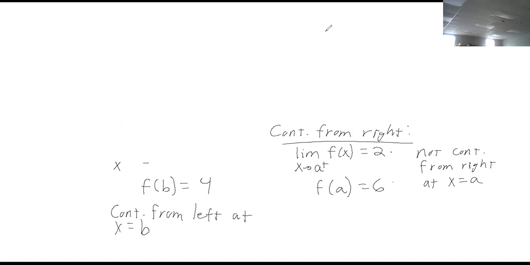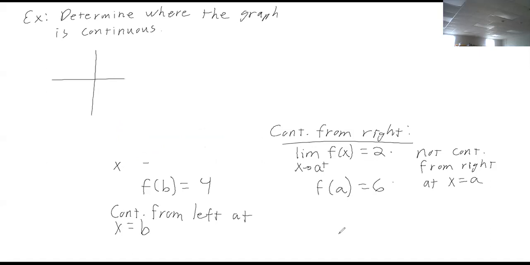Now, what if we have an example and it tells us to determine where the graph is continuous? And they're going to give us this graph as part of the problem.